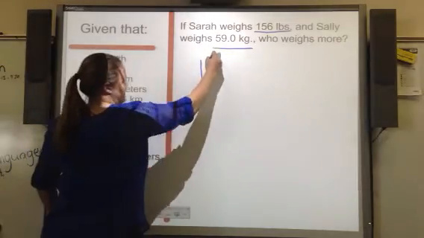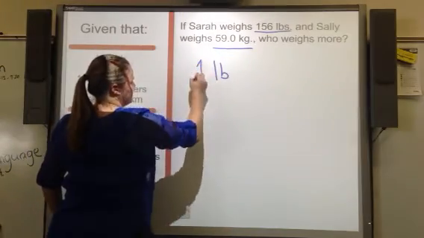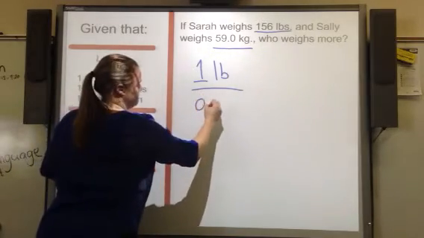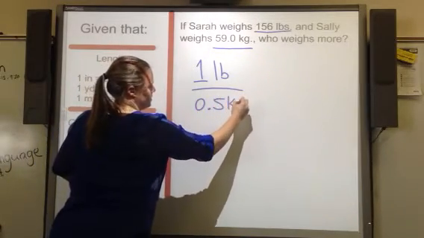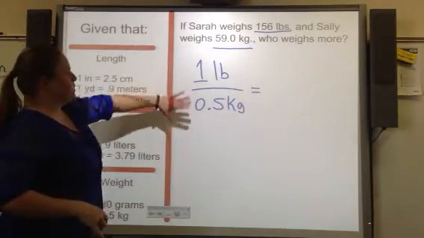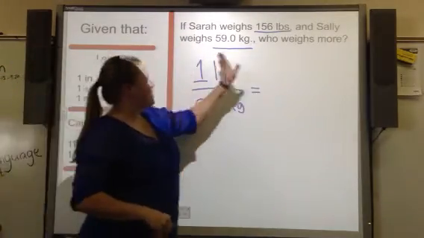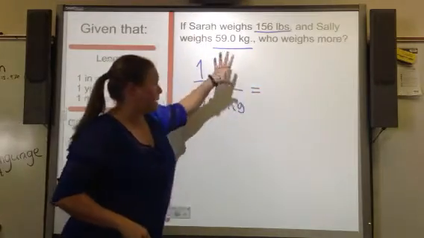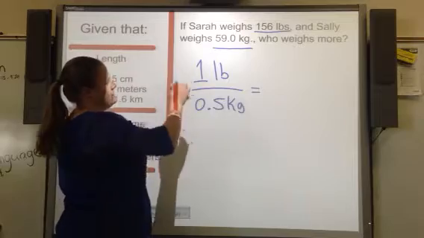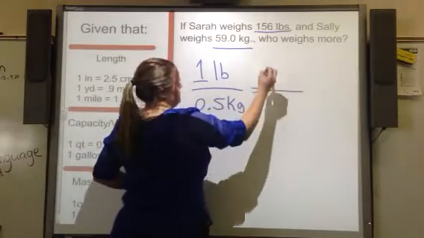I'm going to record that. 1 pound equals half of a kilogram. Now there are 2 ways. I can either put 156 pounds here, because I do know my pounds, so I'm probably going to go that way because it's a little bit easier.